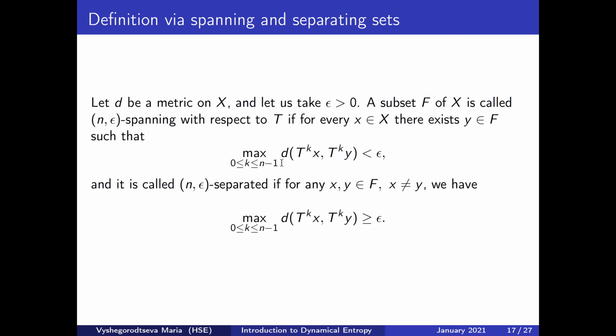And we call a subset F epsilon separated if for any x and y in F which do not coincide, we have that the maximal distance between T to the power of k x and T to the power of k y is greater or equal than epsilon.